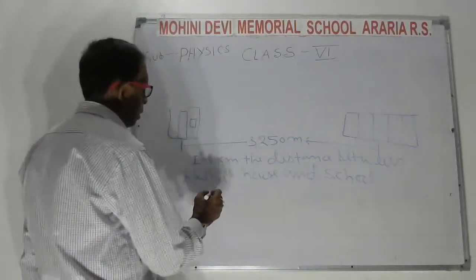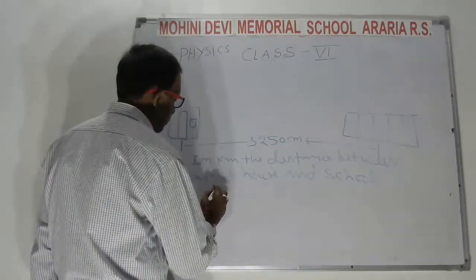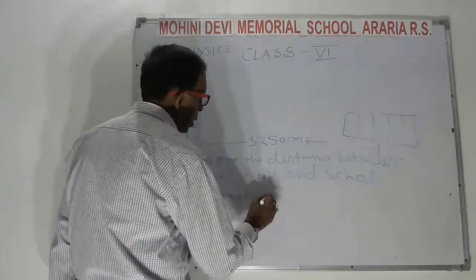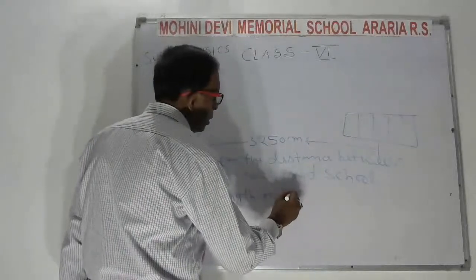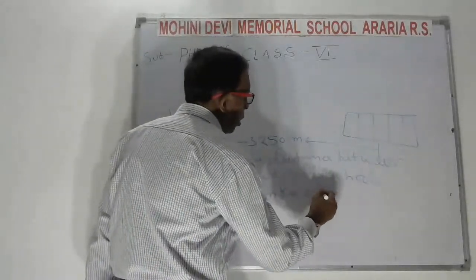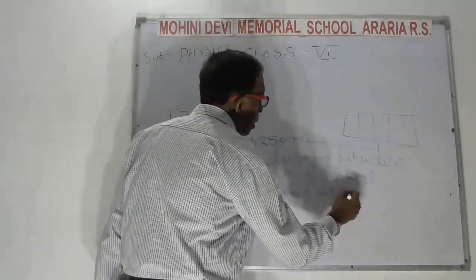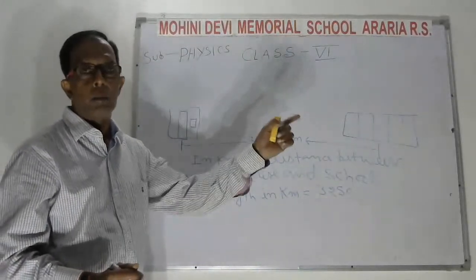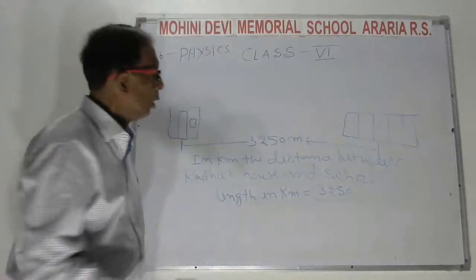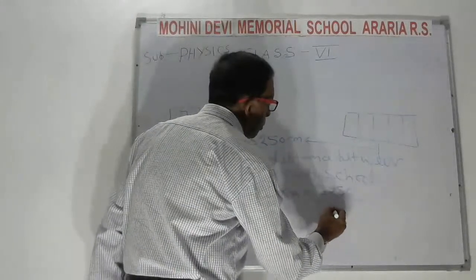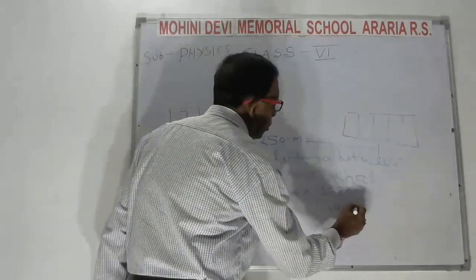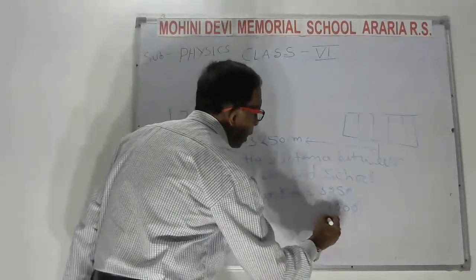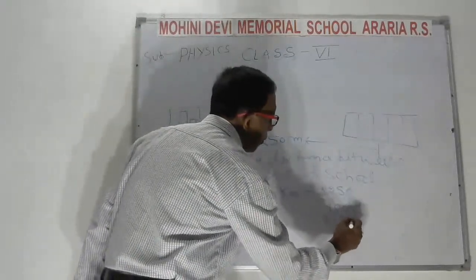Therefore, length in kilometer is equal to 3,250 divided by how many meters are equal to 1 kilometer? That is 1,000. So you have to divide this by 1,000. The zeros cancel, and if you divide it, then the answer is 3.25, children.